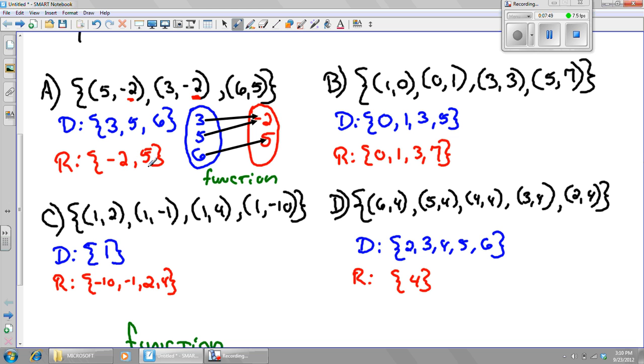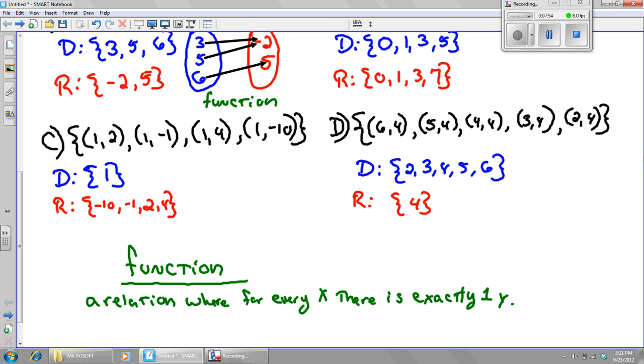Let's try that again, but let's try it on, say, problem C here. So I'm going to list my domain, and my domain in this case is just 1. That's it. That's the only member of the domain. The range, on the other hand, includes -10, -1, 2, and 4.